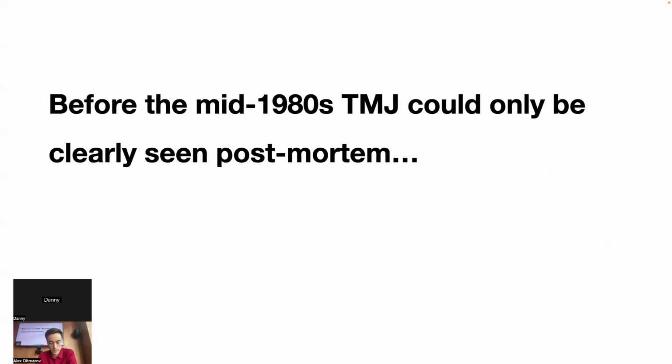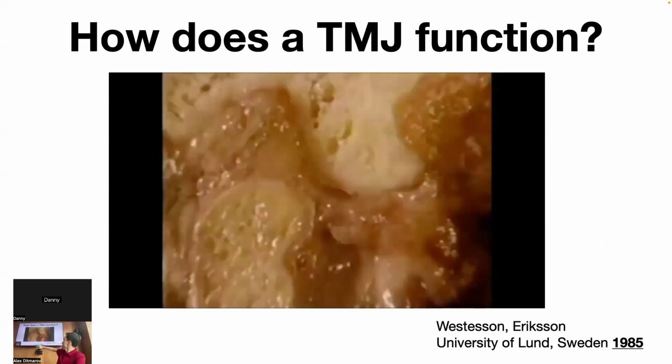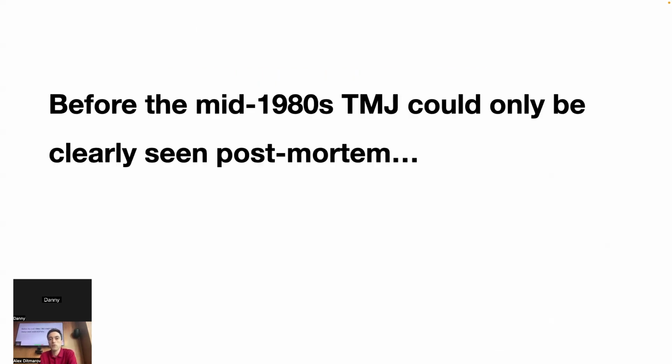An important thing over here, I highlighted it, the year 1985. Why I underlined it, why it's important. Because before that year, before mid-80s actually, TMJ could only be seen clearly post-mortem, right? Why so?